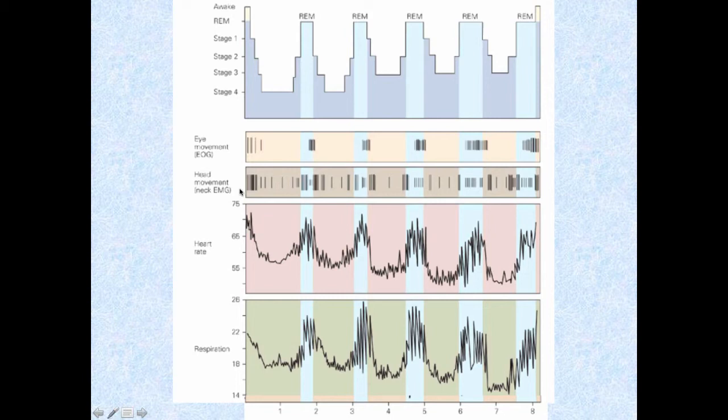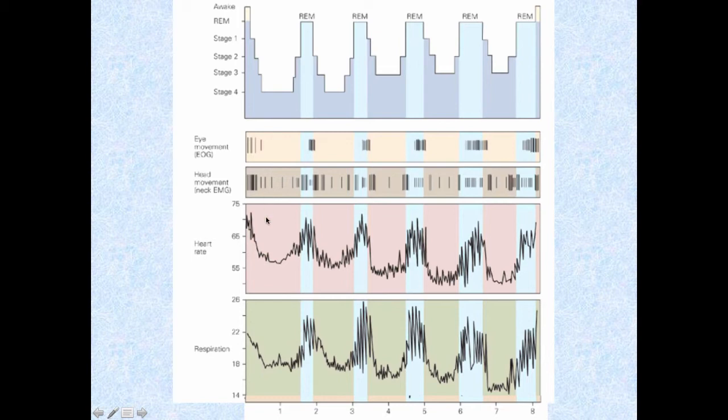So the graph panels beneath the sleep cycles show different aspects of body activity, like eye movements and head movements, heart rate and respiration.